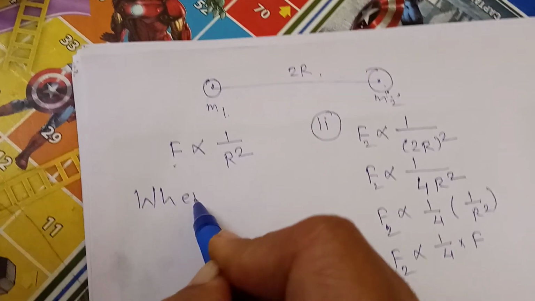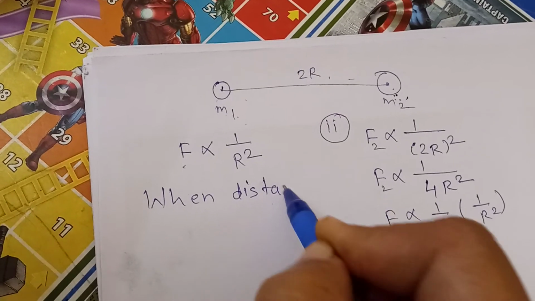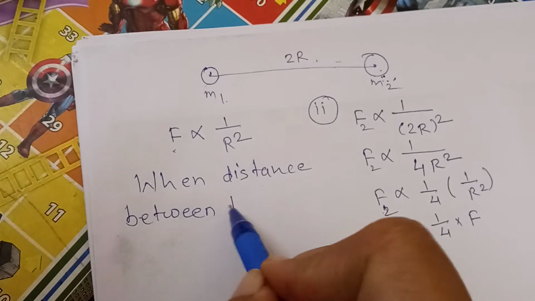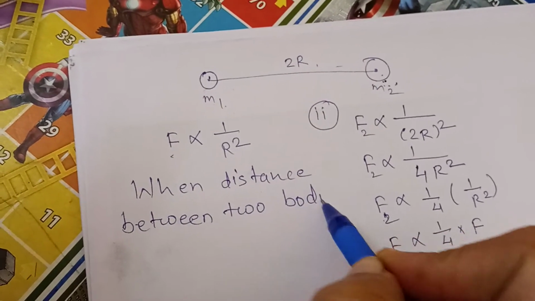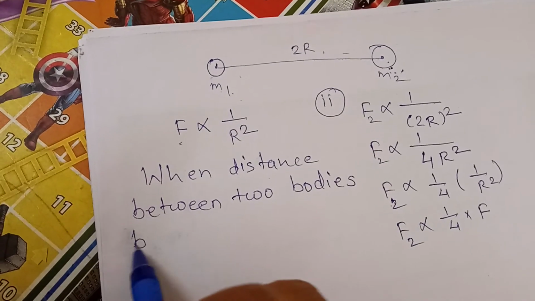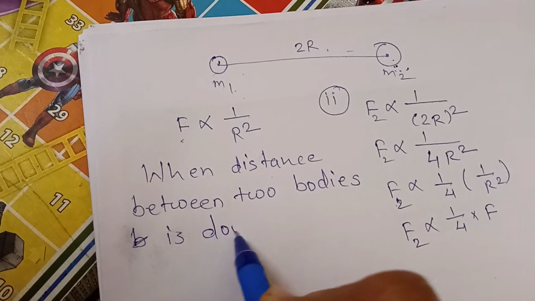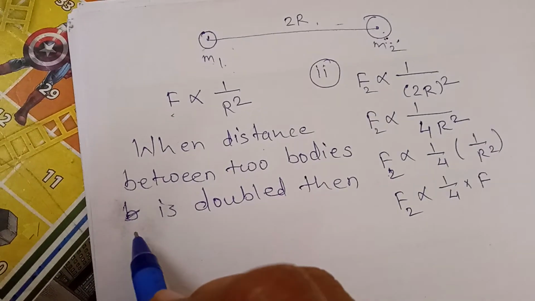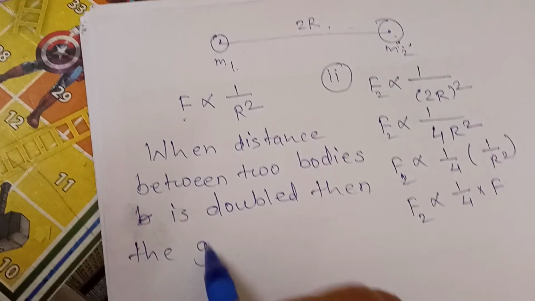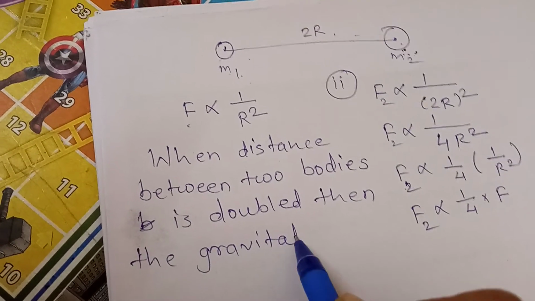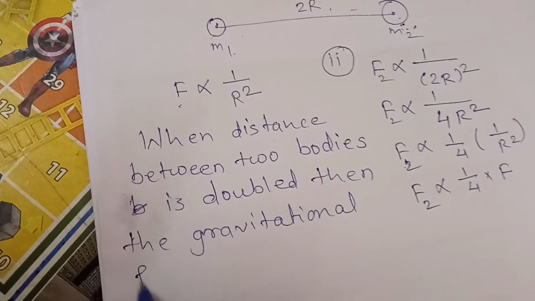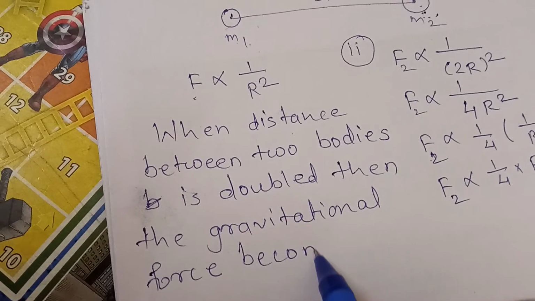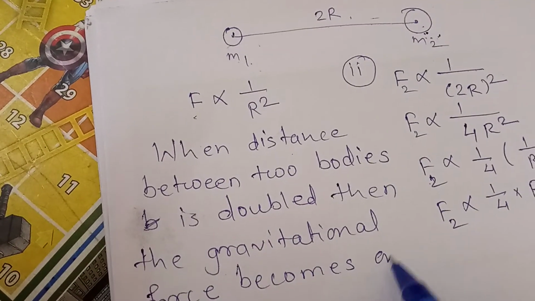When the distance between two bodies is doubled, then the gravitational force becomes 1/4.